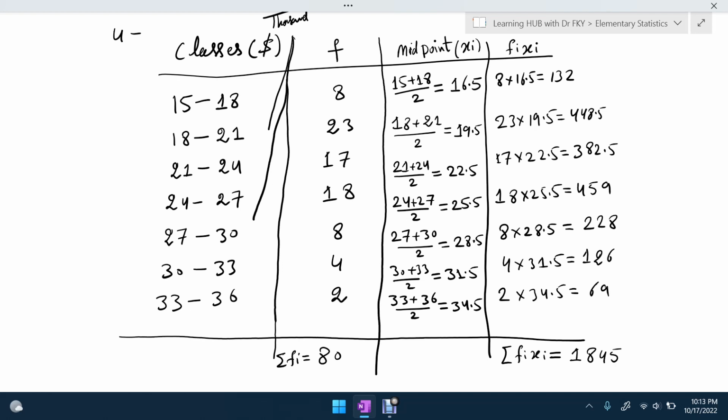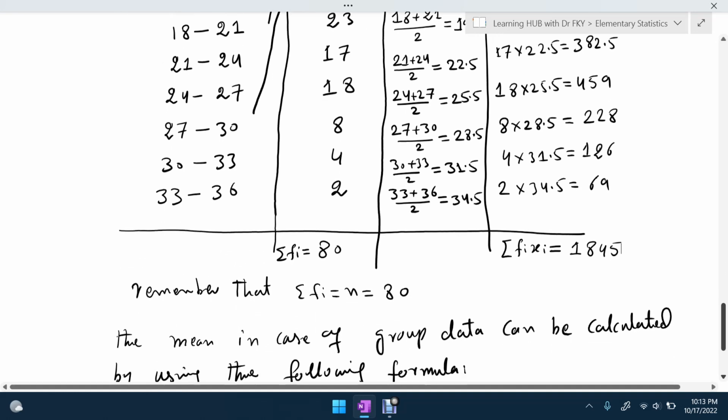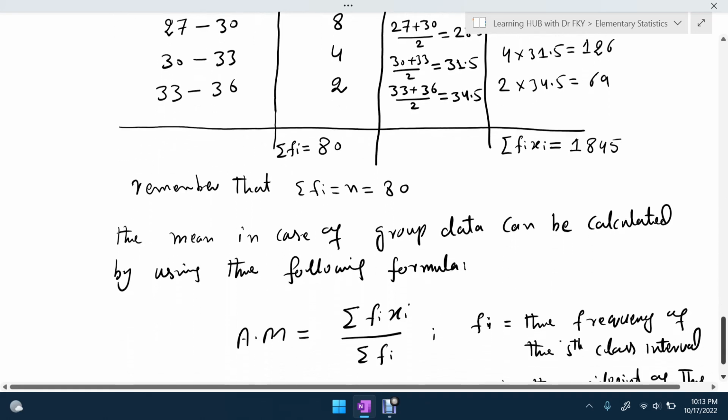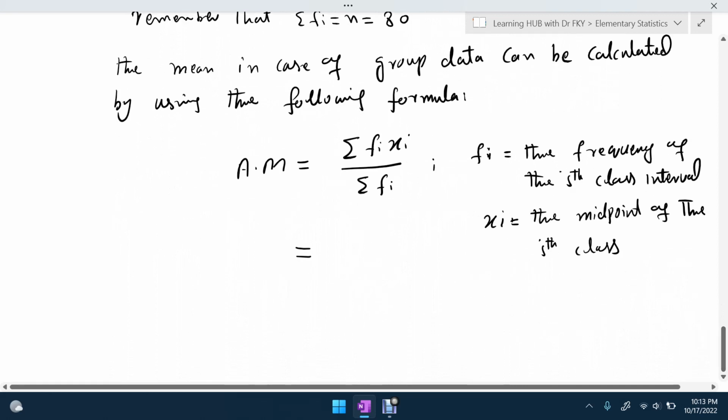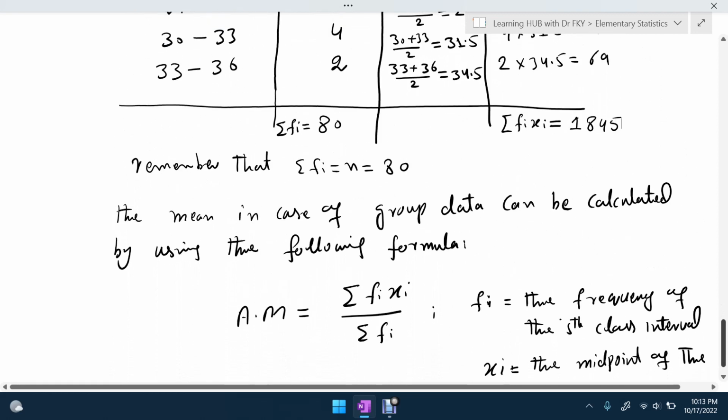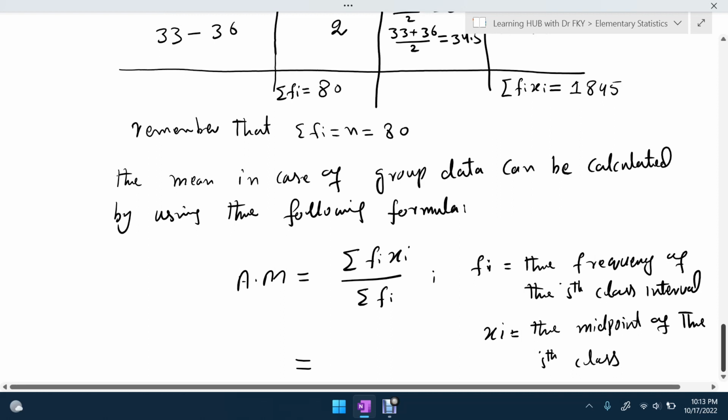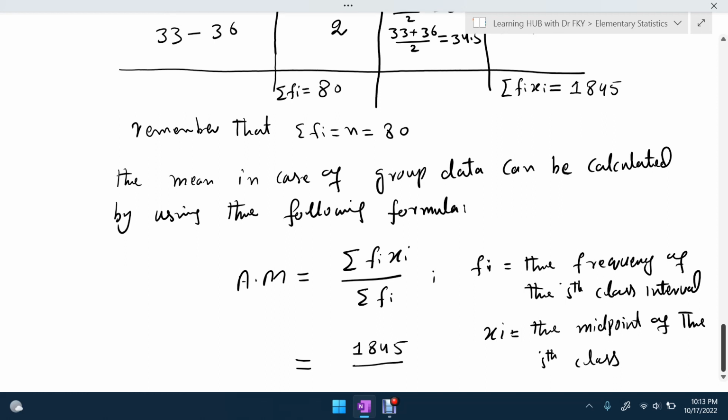So now you have these values. Just put these values in the formula and simplify, and you will get the arithmetic mean. This means 1845 divided by 80.